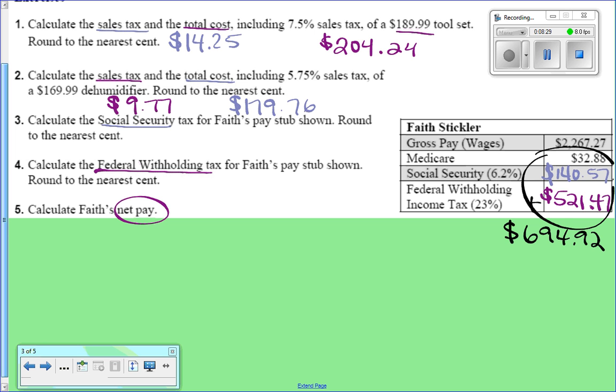And then we were to deduct it from our gross pay, which is your wages. And so Faith's net pay, she is taking home $151,572.35. So that's what she has to go pay for her budget. Are we good?